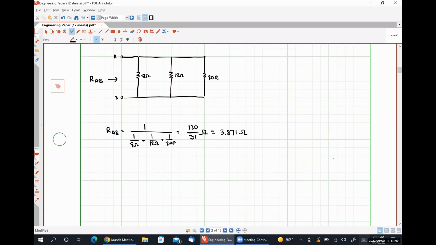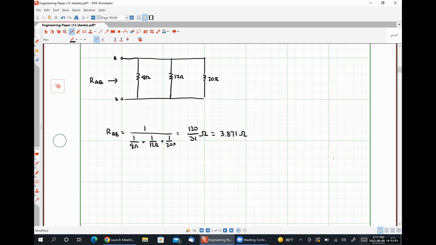Alternatively, we could calculate a quantity, let's call it RAB prime, that's just R1, the 8 ohm resistor, and R2, the 12 ohm resistor in parallel.